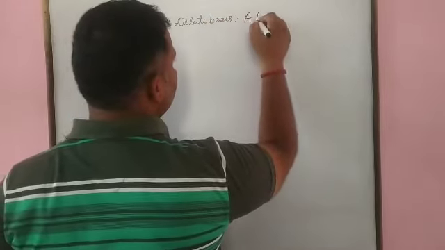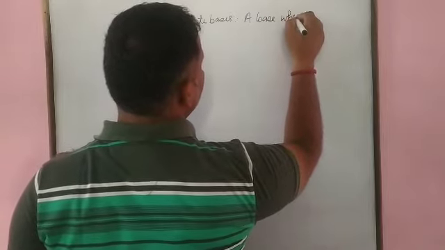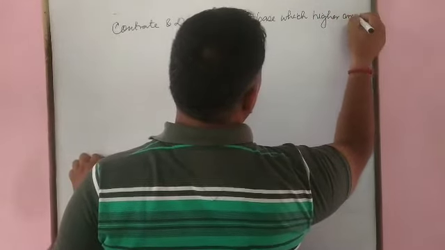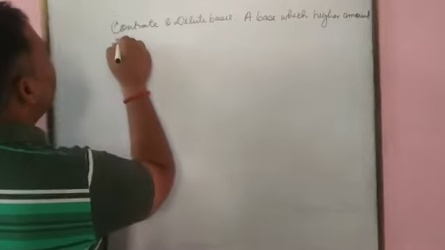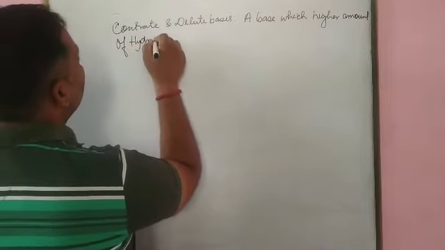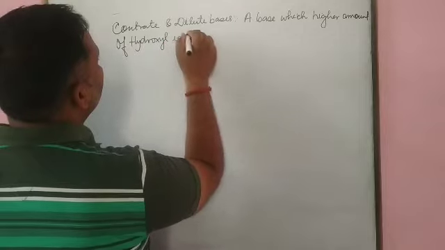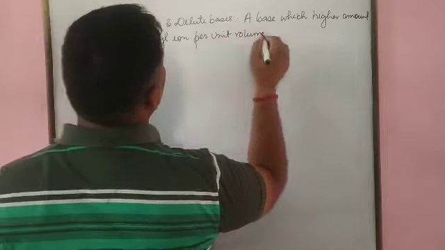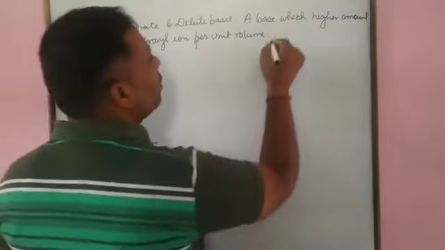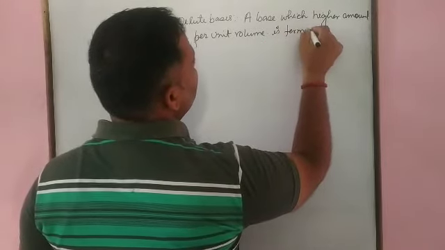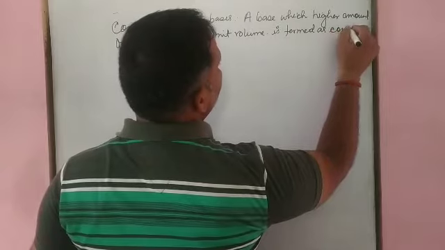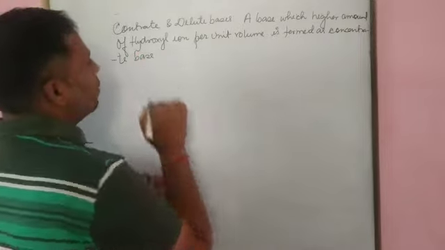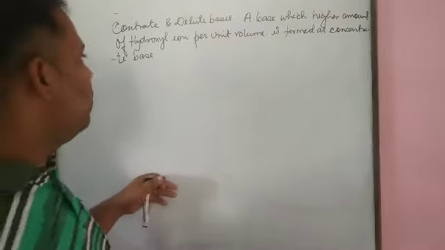A base which has a higher amount of hydroxyl ion per unit volume is termed as a concentrate base. What are dilute bases? I have told you.